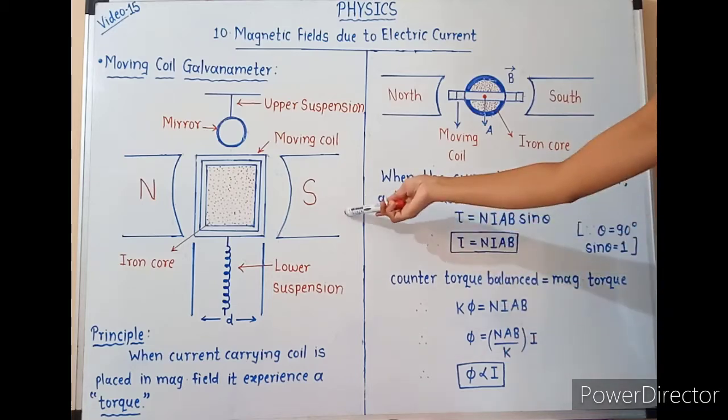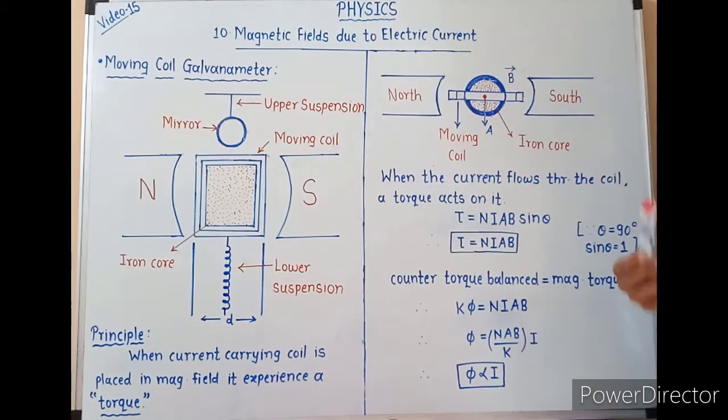Why do we use the radial magnetic field in MCG? Because the first point is the magnetic field intensity is maximum at the center of the coil, and the second point is the angle between the area vector of the coil and magnetic field B bar is 90 degrees.